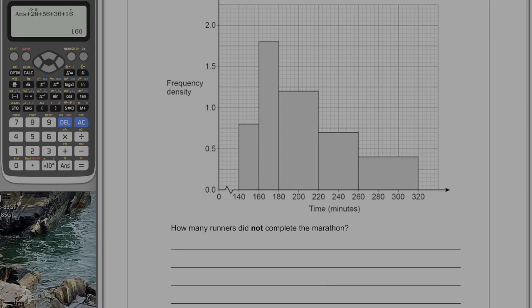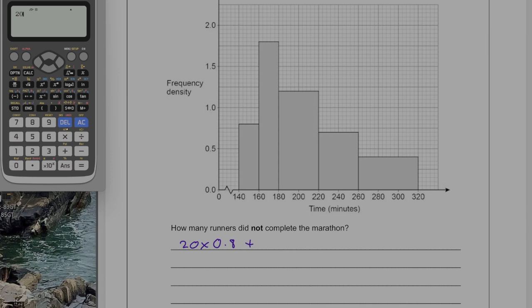frequency density times by class width. So if we do 20 times by, each square is going up by 0.1. So that would be 0.6, 0.7, 0.8. 20 times by 0.8 plus, this is 20 again.